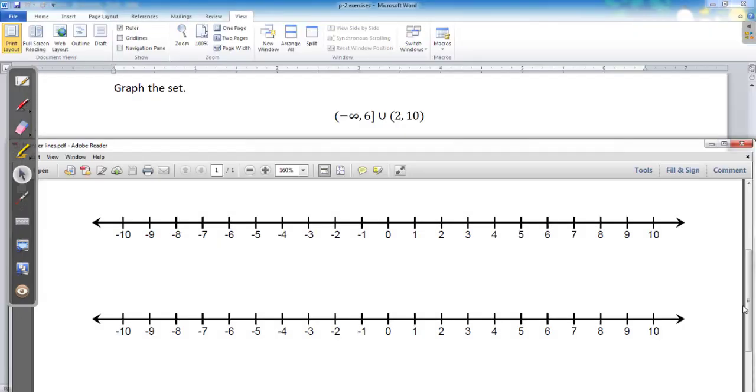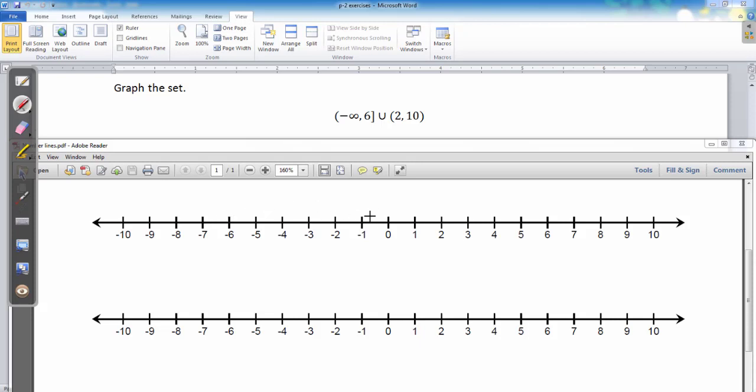Graph the set, and I just brought up my number lines down here so we could graph on this set. So this is a union of two intervals, but that's not any harder to deal with because remember, union just means everything in either set.